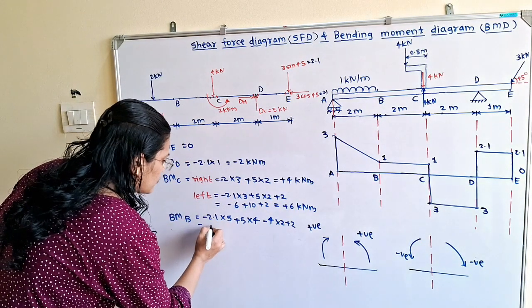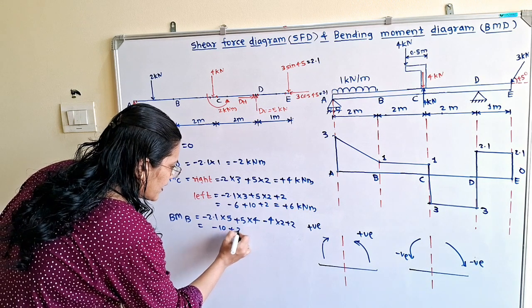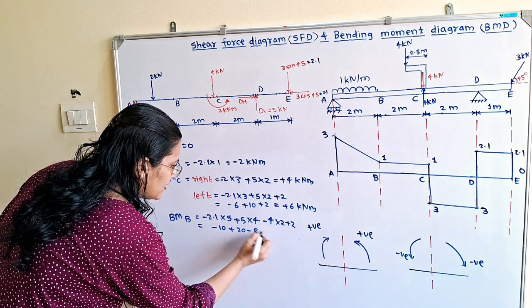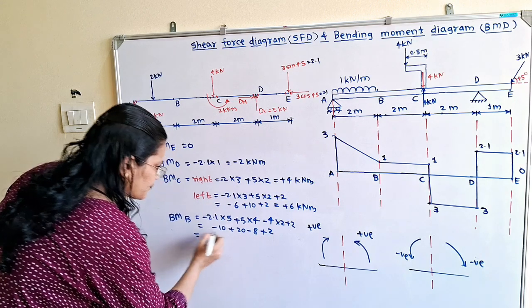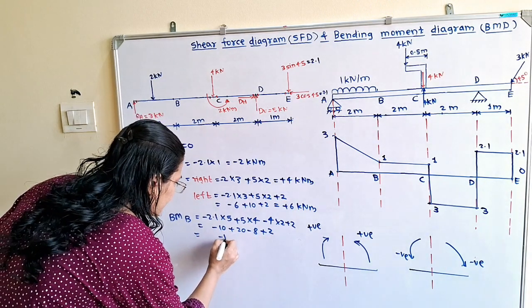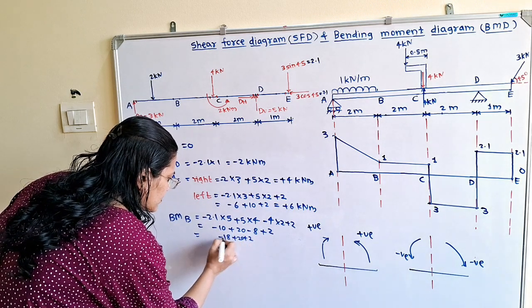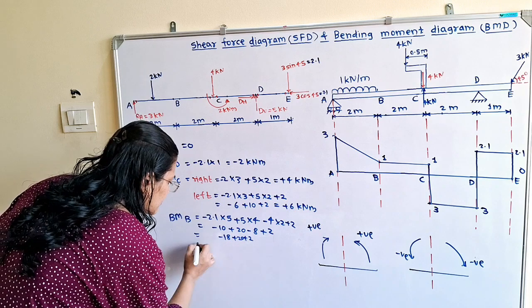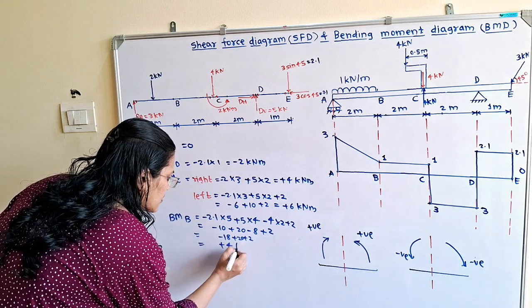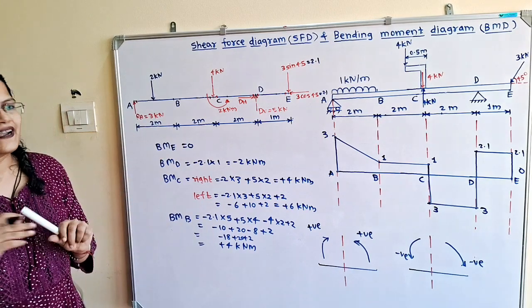So when we calculate this, then minus 10 plus 20 minus 8 plus 2. So here is minus 10 minus 8 is minus 18, plus 20 plus 2, so here is plus 2, that is equal to plus 4 kilonewton meter. So this is the bending moment at point B.